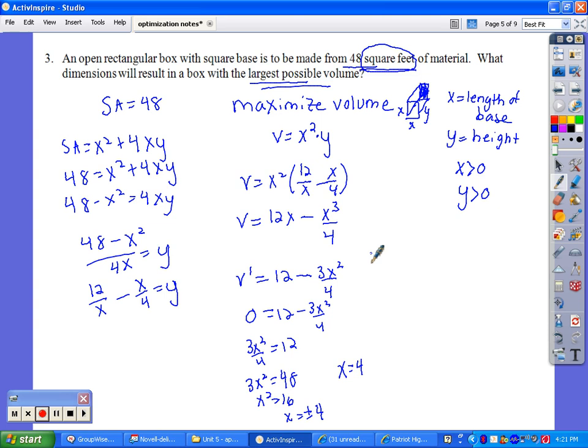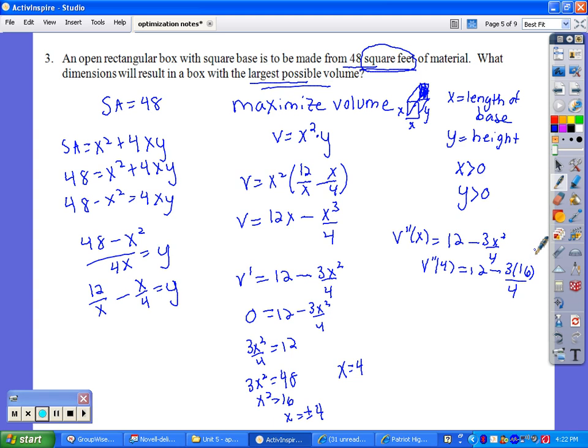So we have to check if it's a max or a min to make sure we're maximizing volume. So I take the second derivative of volume, which is 12 minus 3x squared over 4. I plug in 4. So I get 12 minus 3 times 16 over 4.